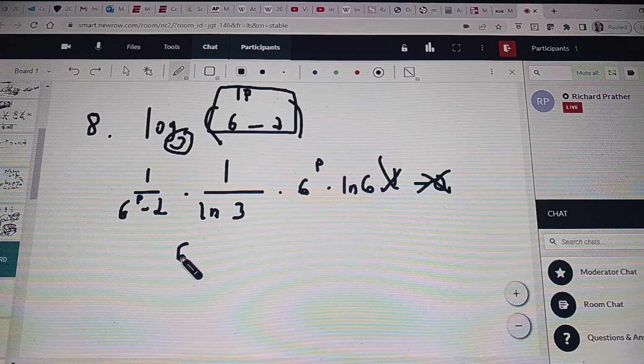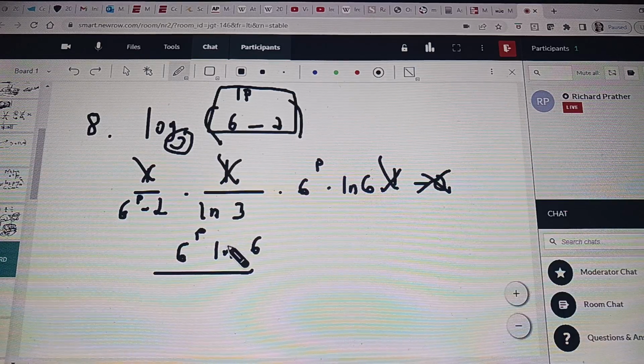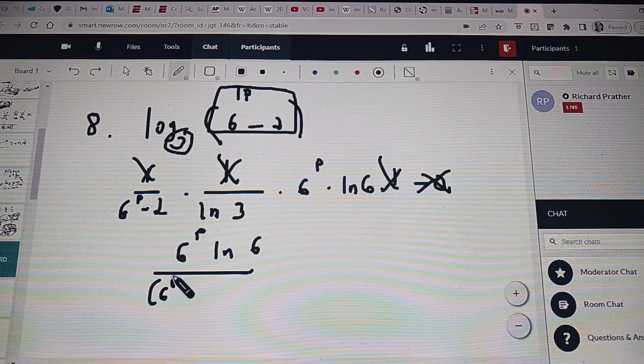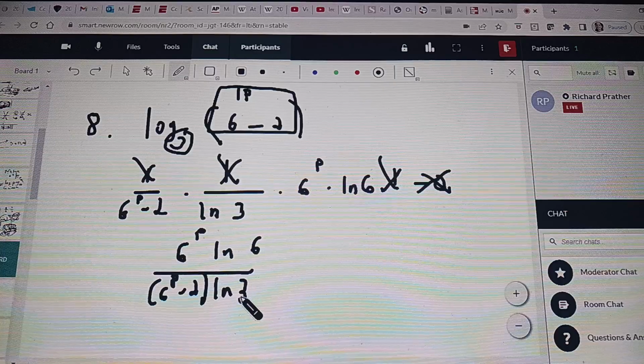So 6 to the p, ln of 6, that would be the numerator. These ones wouldn't matter because there's other stuff there. And then the bottom would just be, I'll put it back in parentheses, 6 to the p minus 2, ln of 3.